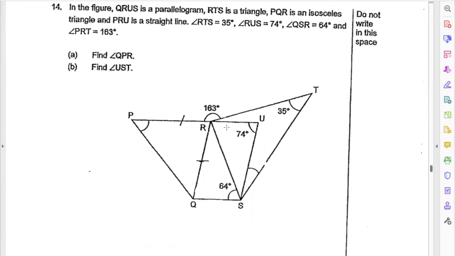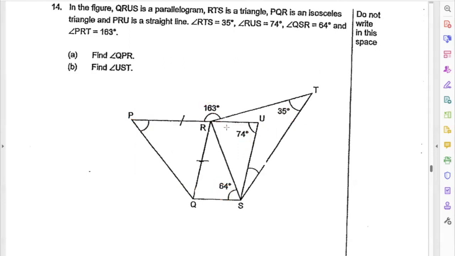RTS is 35, given here, and RUS is 74, and QSR is 64, and PRTS is 163. So you have an isosceles triangle, so these two angles are the same, these two angles are the same. And PRU is a straight line, so everything on here adds up to 180 degrees.